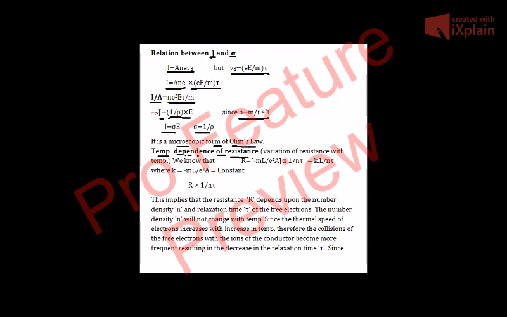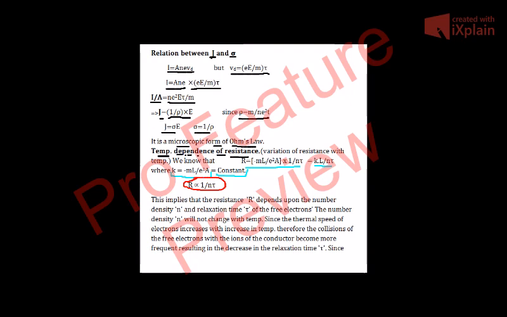We will discuss it. Now we know that R is equal to minus m L by e squared A into 1 upon n tau, or R is equal to K upon n tau, where K is equal to minus m L upon e squared A, a constant.